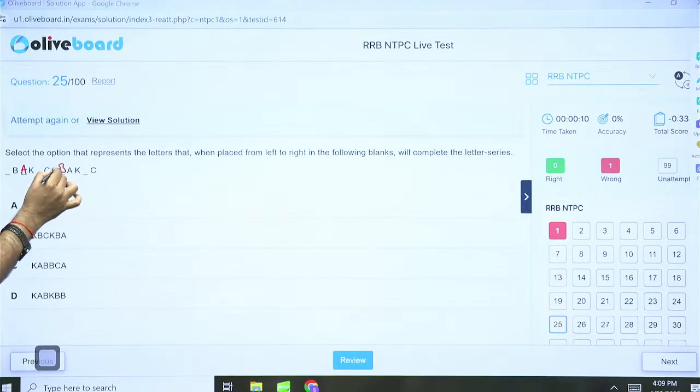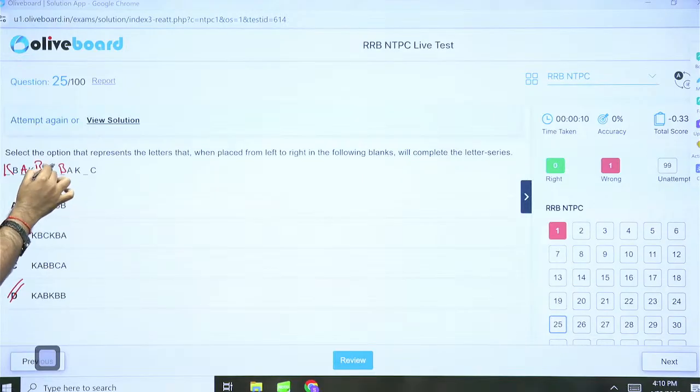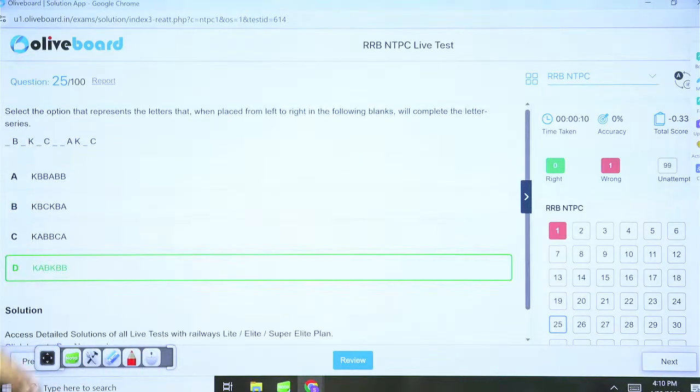So we can say BAK-C, BAK-C dash BAK-C dash. So the second position has to be A and the second last has to be B. So it is observed only in option D. So try it, just fill it with that. K A B K B B. Now see, K B A K B C K B A K B C. Makes sense. Option D is the right answer. Cool.